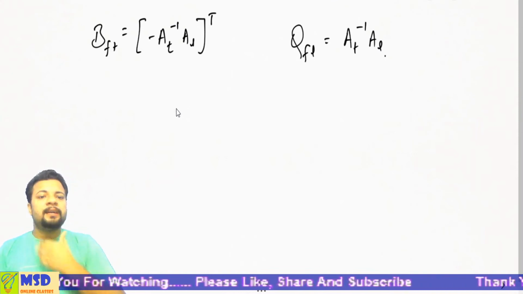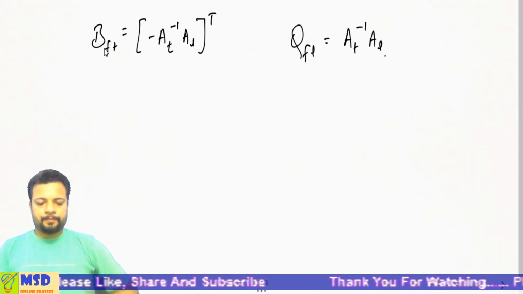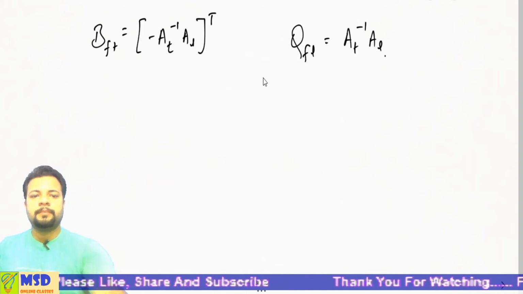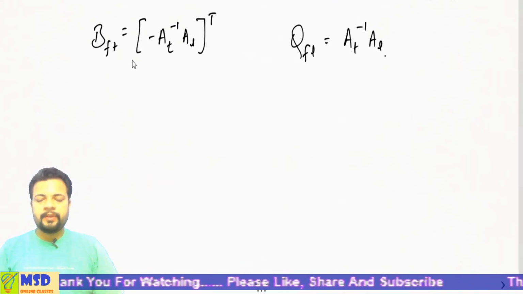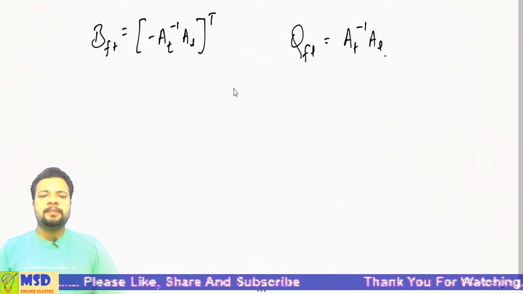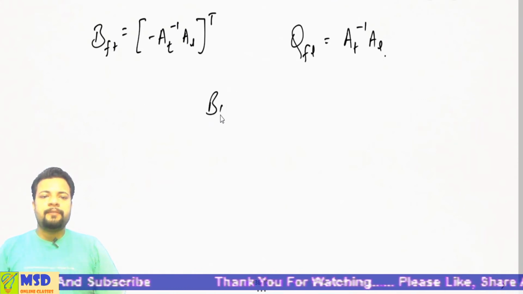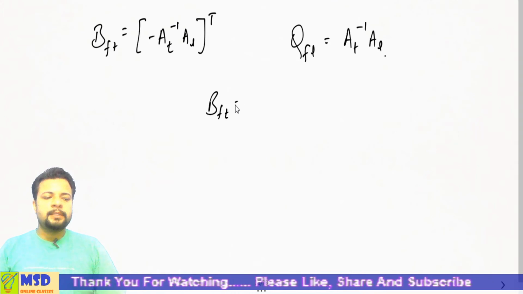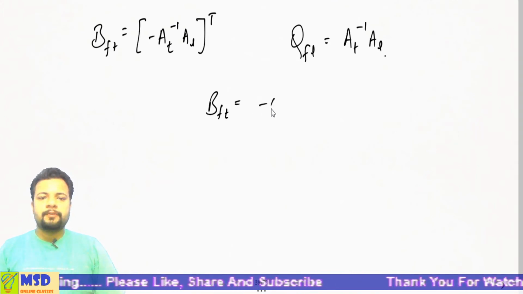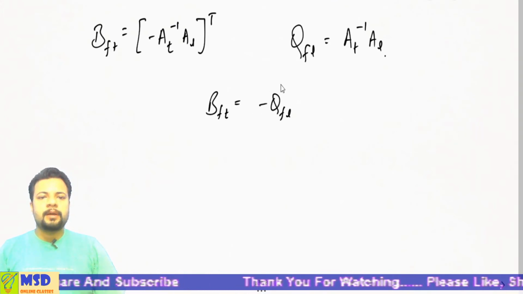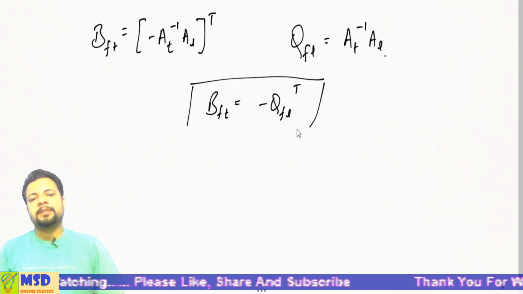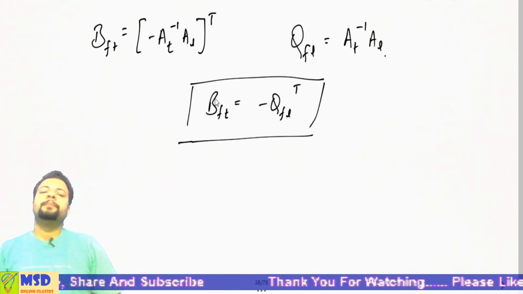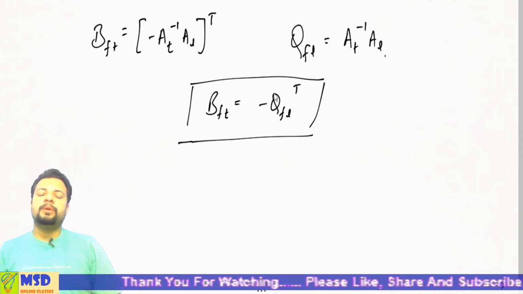Now can we have a relationship between BFT and QFL? Yes, we can just say that BFT is equals to minus of QFL transpose. Okay, so this is the relationship between BFT and QFL.